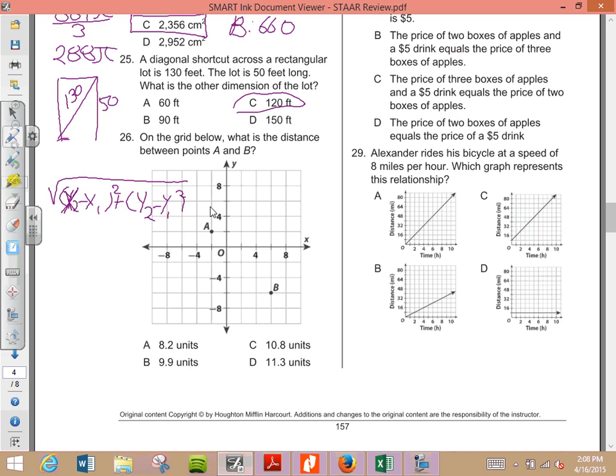Why? You're adding, but does it matter if I put Y1 first, like Y1 minus Y2? Why not? Not exactly.